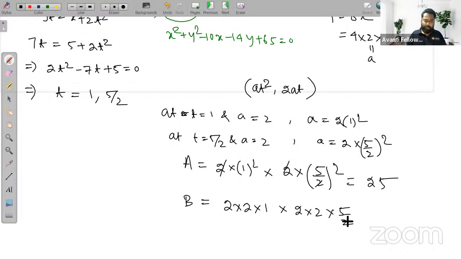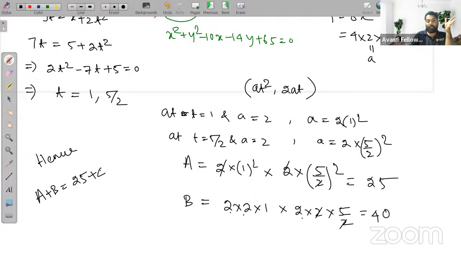By solving it, 2 times 2 is 4, 4 times 2 is 8, and 8 into 5 is 40. So capital A is 25 and capital B is 40. Hence A plus B is 25 plus 40, that is 65, which is your answer.